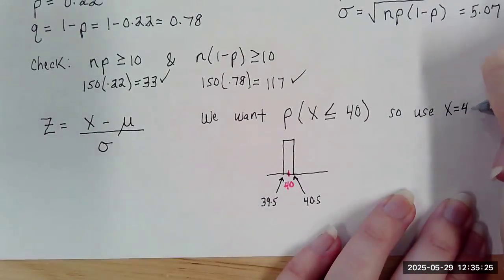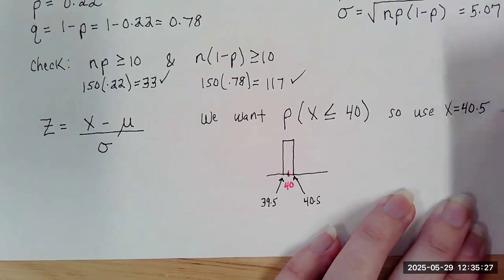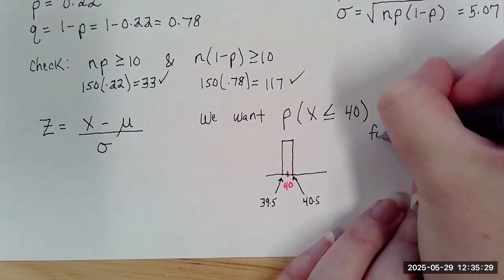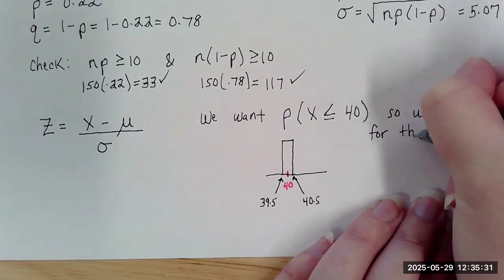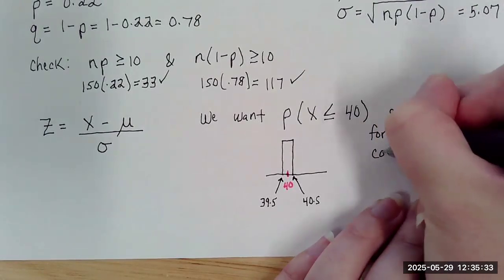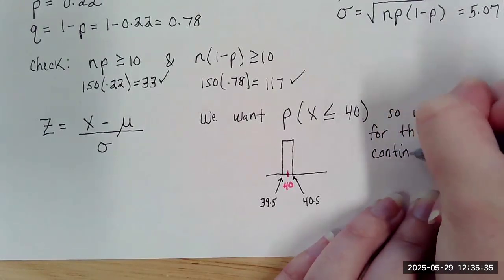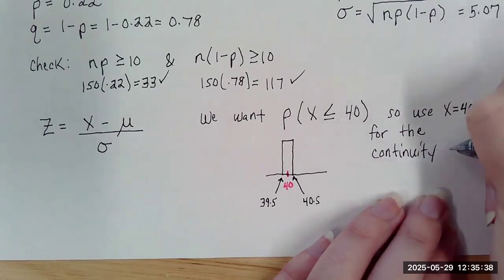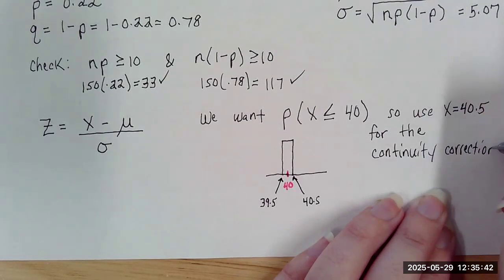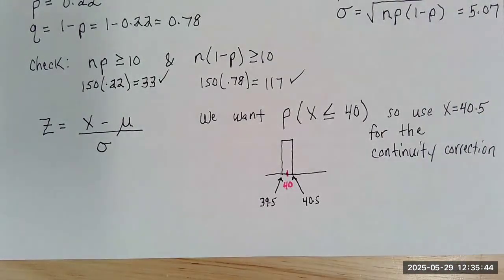So we're going to use x equals 40.5 for the continuity correction. That's just the name of either adding the 0.5 or subtracting 0.5.